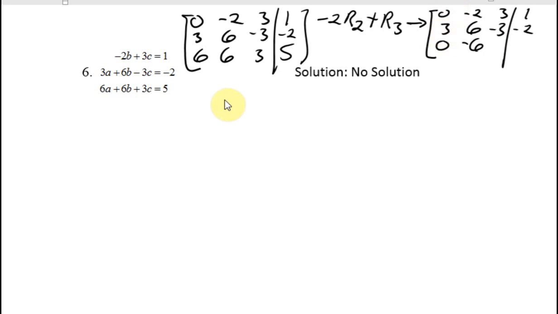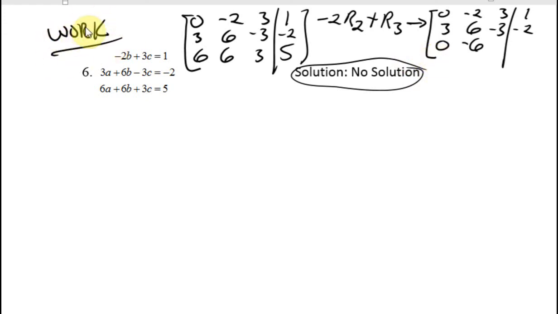Sometimes you might not be able to just look at it and tell what it's going to be. You have to do some work, right? There's nothing wrong with work. So negative 2 times negative 3 is 6 plus 3 is 9. Then negative 2 times this negative 2 is 4 plus 5. We get 9.